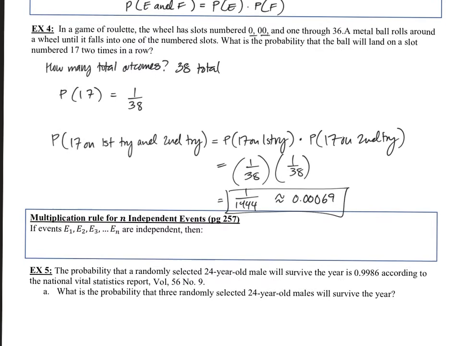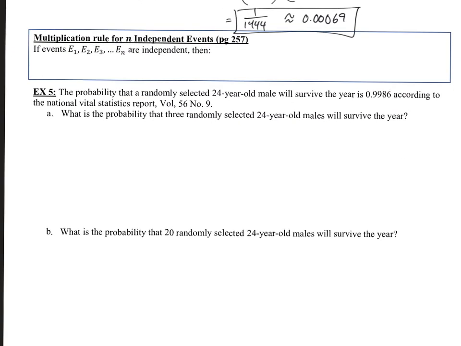Let's take a look at the multiplication rule for n independent events. So let's say you have an unknown number of events you're looking at. Event 1, 2, 3, and up to n. How do we find the probability?